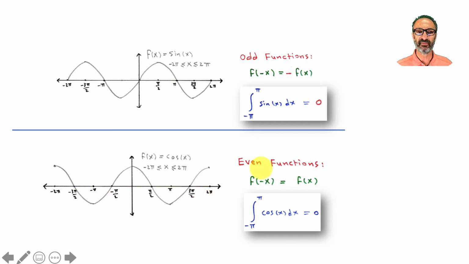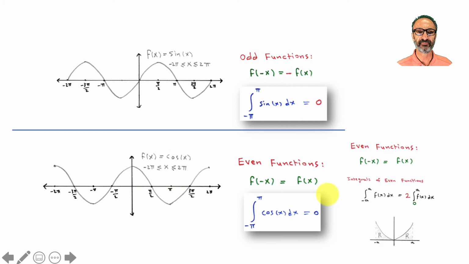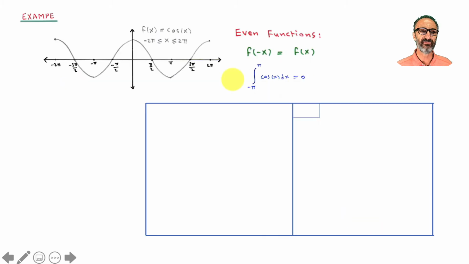I'm going to keep supporting that till I get to the average value function. Even functions, they say same. From negative a to a, you could go from 0 to a and double it. That's the even functions. So let's take care of negative pi to pi and say why it came up to be 0. Here's my function, the cosine function.